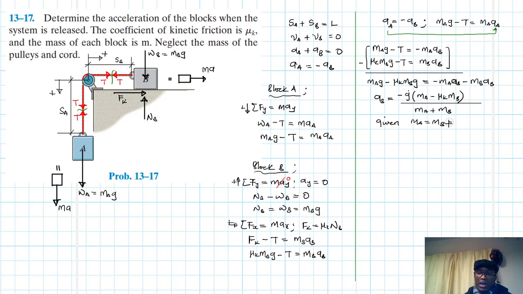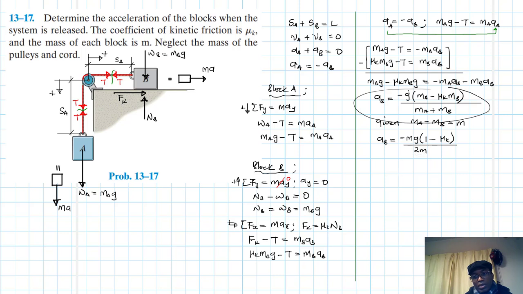But in an event that this is equal, okay, therefore our a_B just becomes equal to minus, we can factor m, and m is the same, so we can factor out m g like so. Then we remain with 1 inside, then mu_k, okay, then divided by 2m, right? Does it make sense?